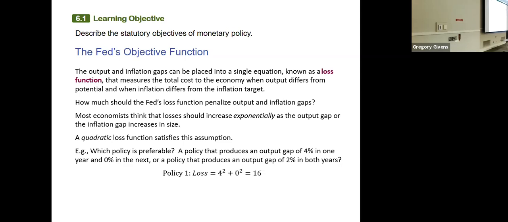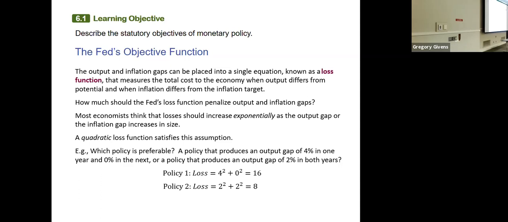What is the policy loss under choice 1? It would be 4% squared, this is a quadratic loss function, plus 0% squared, giving a central bank loss of 16. What does policy 2 generate? 2% in the first year squared plus 2% in the second year squared gives us 8.